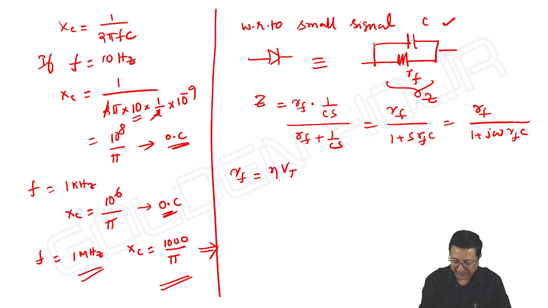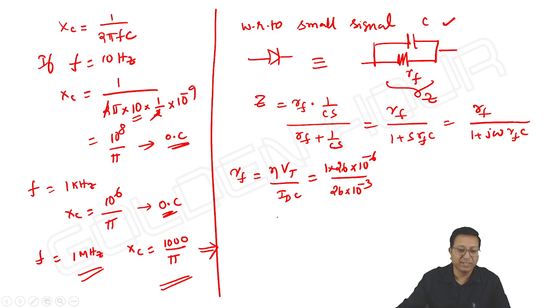RF is equal to eta Vt by IDC. Eta is one, ideality factor. Vt in this problem, it is 26 milli. IDC is 26 microamperes, I think. Write it down mistake. This is milli and this is micro. Which gives us 1 kilo ohm.